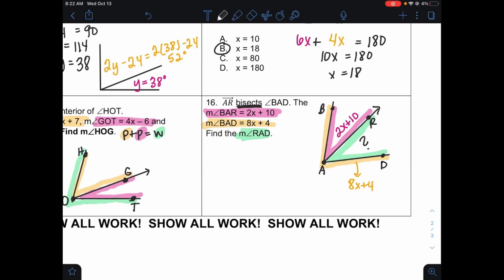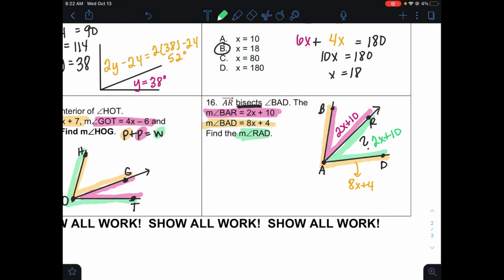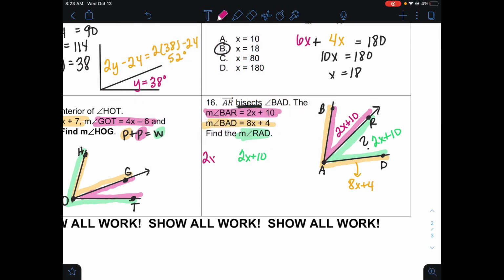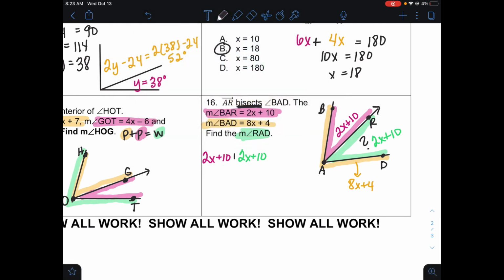I'm just going to try to do part plus part equals total. So since I know they're equal because it says bisects, they are equal. So let me go ahead and do that right now. So that's going to be 2x plus 10 plus the other 2x plus 10. So I add these two together, and then that's going to equal 8x plus 4.